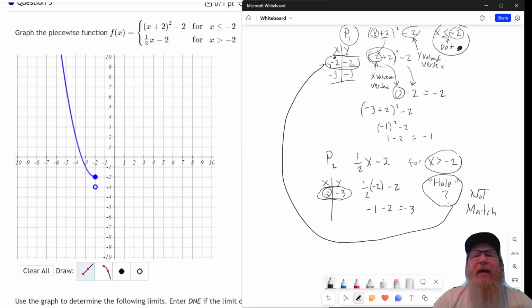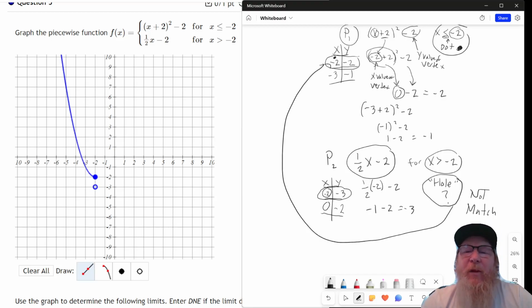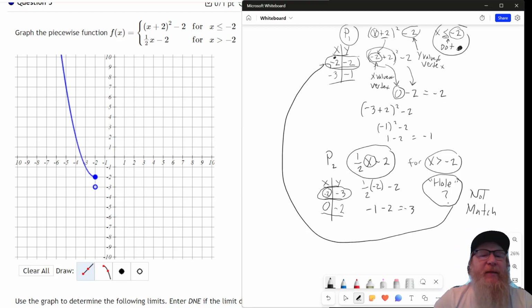All right. And then now I need to get the rest of the line. So the rest of the line is 1/2 x minus 2. I always just go with 0 when you're graphing a line. You get an automatic free point. If you plug in 0 for x, it's just going to kill the 1/2 and you'll get 0 minus 2, which will be -2.